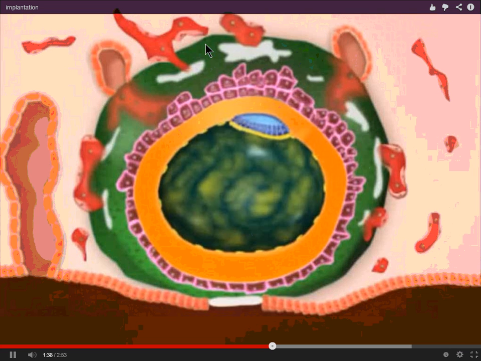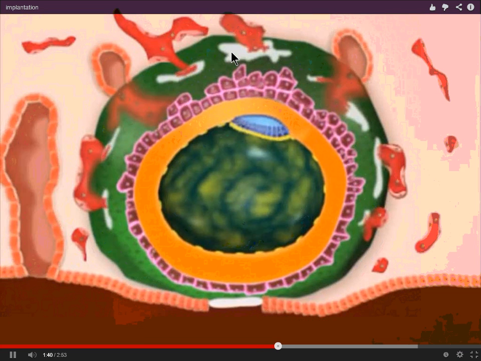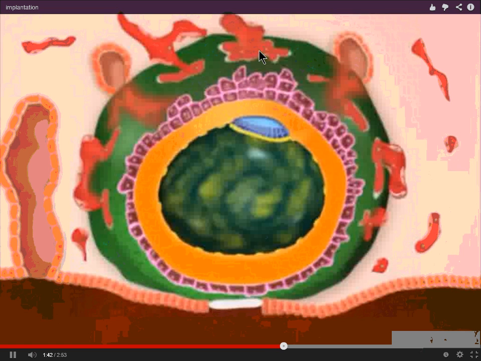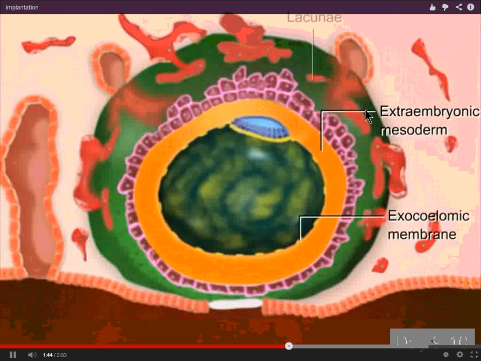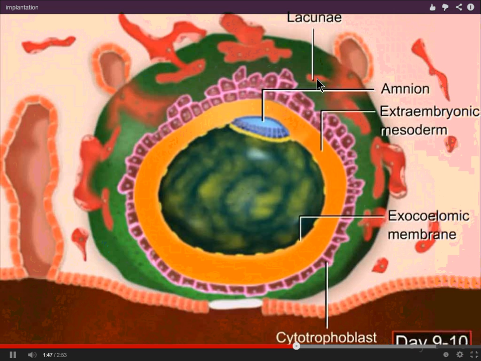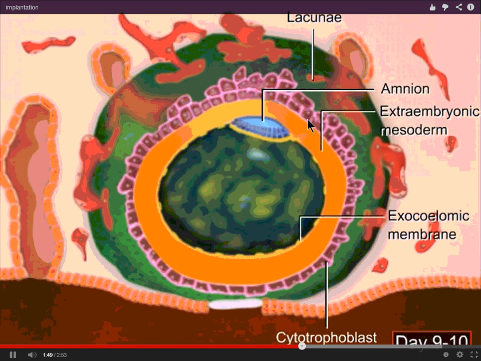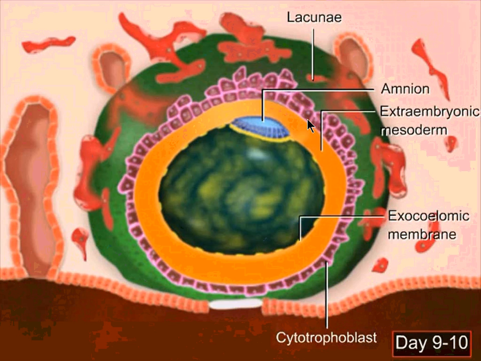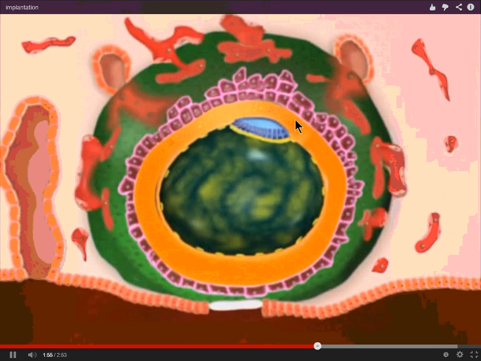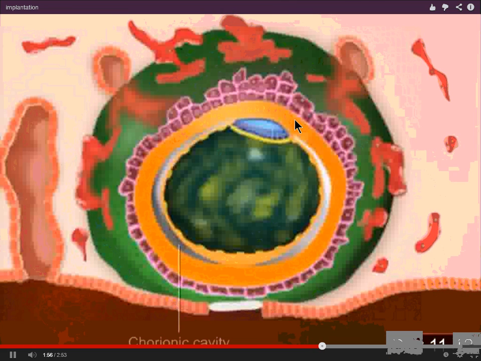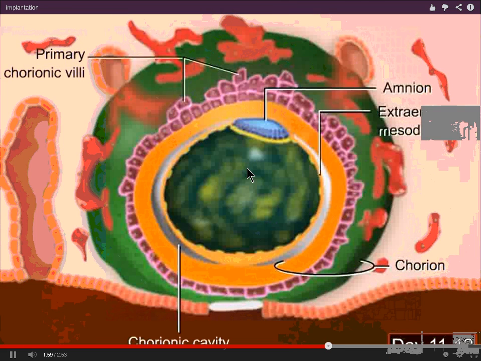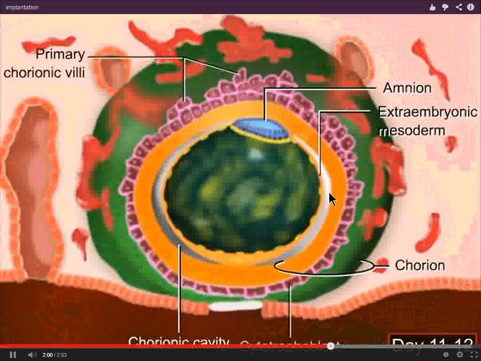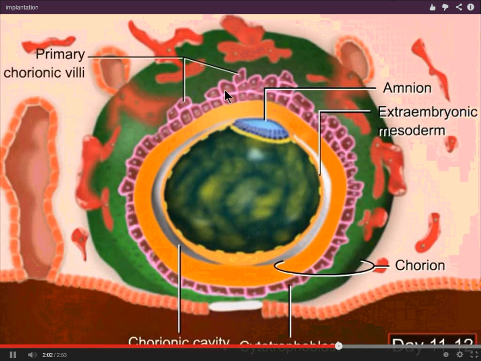Maternal blood vessels have been eroded, so they are pouring blood into spaces which are known as maternal sinuses or lacunae. Meanwhile, here the embryo is also growing. You can ignore all these other things, which form.